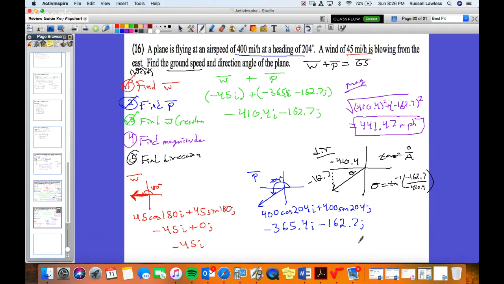That will give me 21.62 degrees, but we'll just round that to 22 degrees. And the way that we describe it is 22 degrees south of west. And that's our answer.